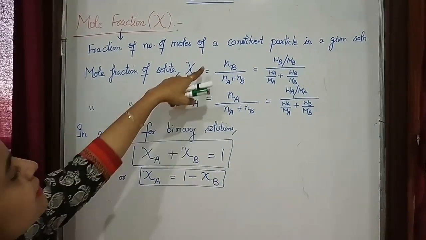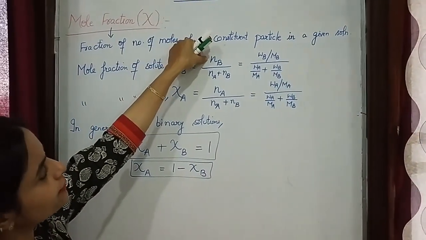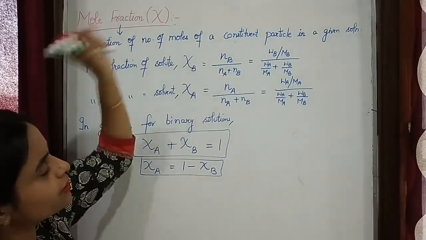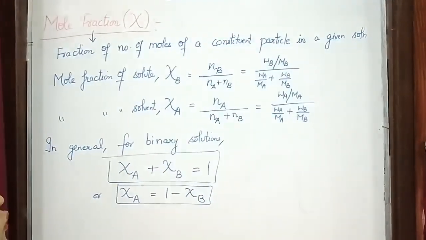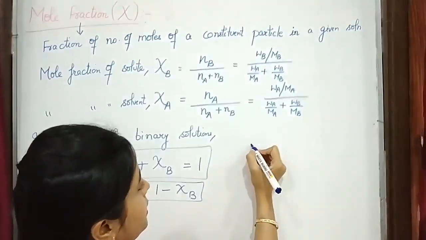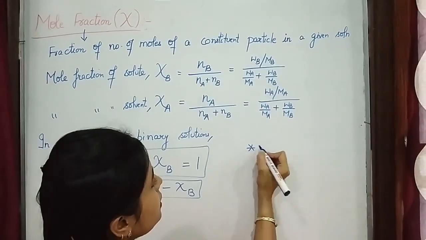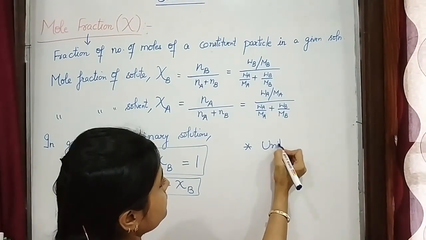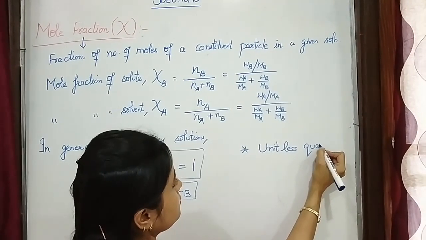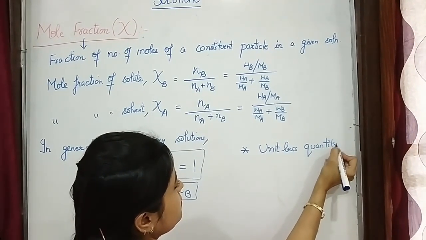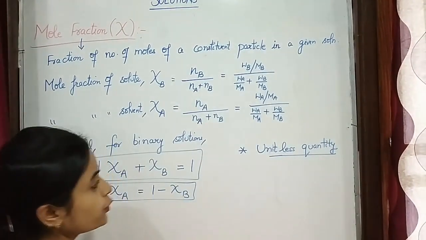Now since it is a ratio between the number of moles of a component to the total number of moles in the solution, it has no unit, that is, this is a unitless quantity. No unit.